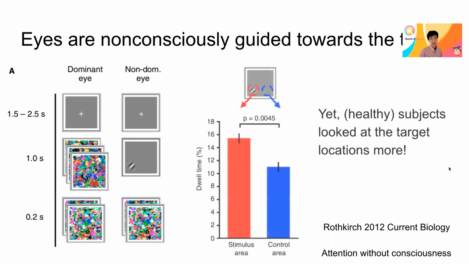Then, during this period where subjects were looking for the stimulus, when they analyzed the actual eye movement patterns, it turned out that roughly 11% of the time eyes moved into the area where the stimulus may have been presented on the other side, and in the area where the stimulus was actually presented, the eyes moved there 15% of the time.